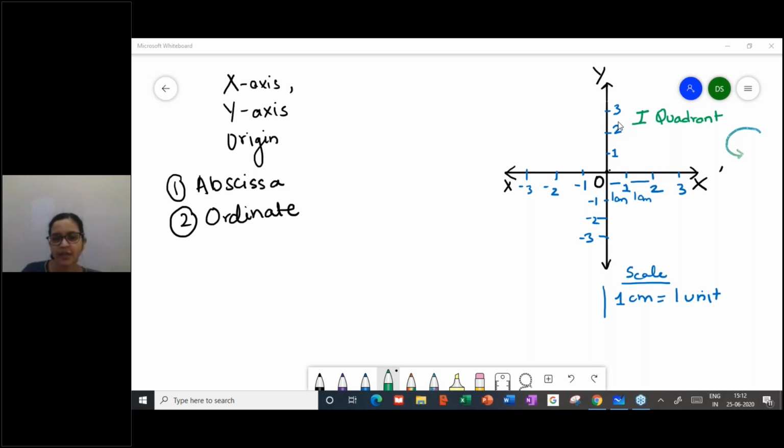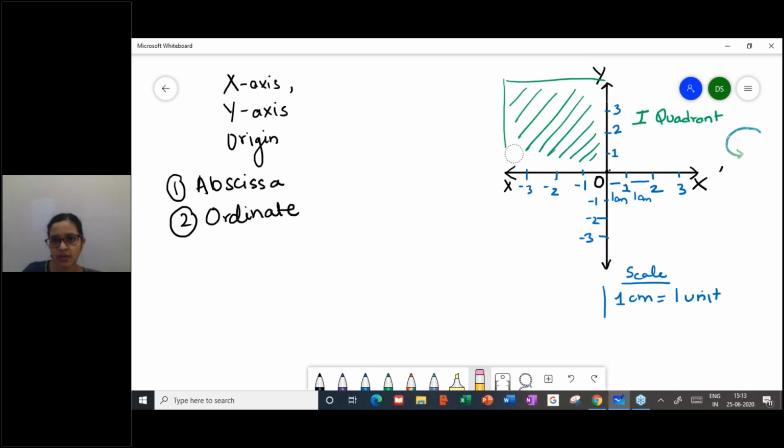So basically, as you can see, this part here becomes a plane. This part from here to here becomes a plane. So basically the axes divide the graph into 4 planes. Each plane is known as a quadrant. Okay, this is just a terminology you need to remember, right?